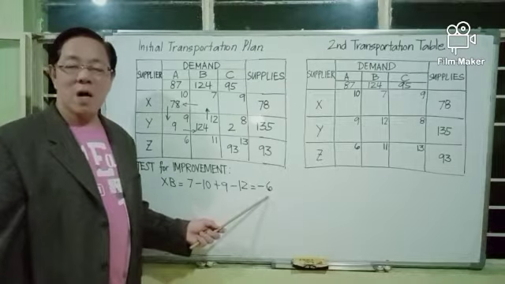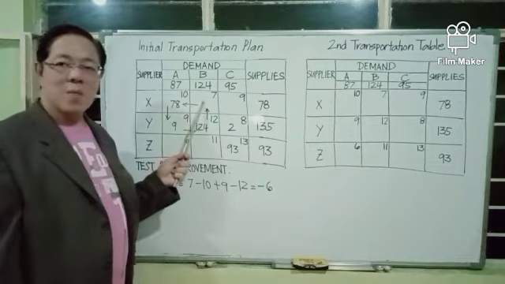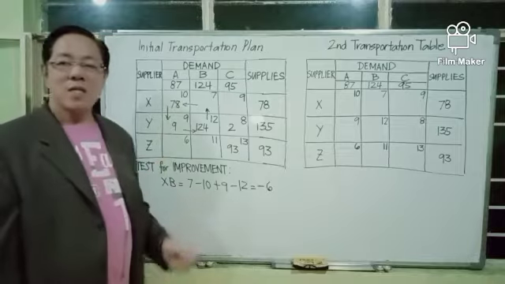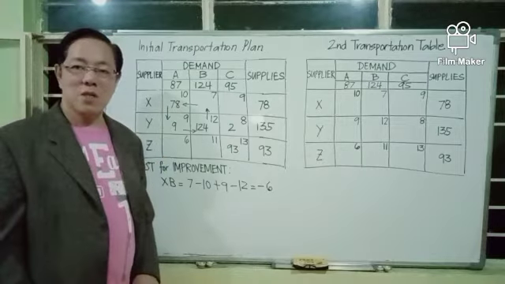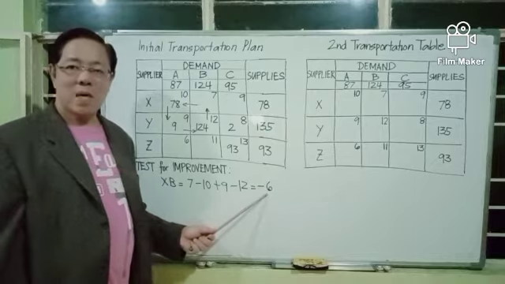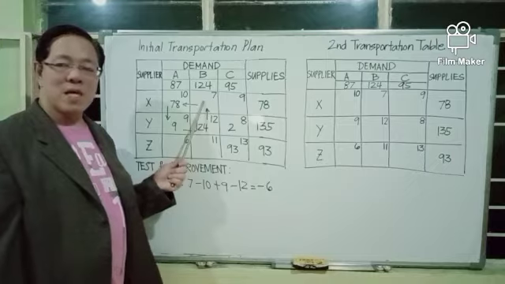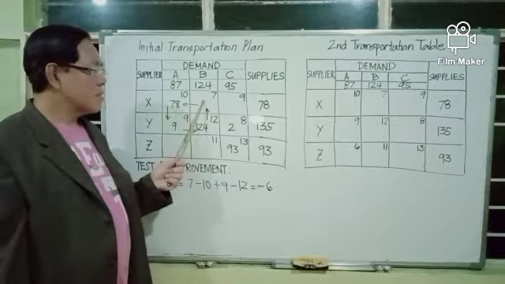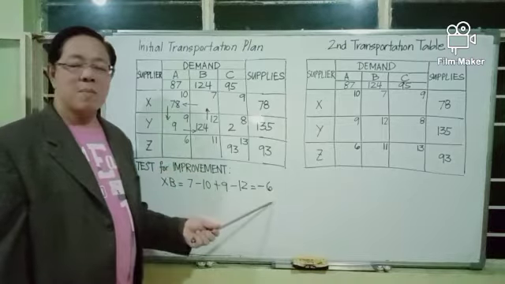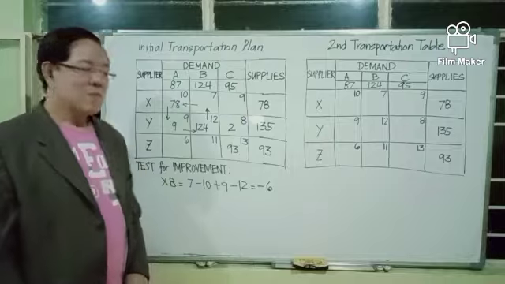And the meaning of negative 6 is that if you transfer some units in this vacant cell XB, the total transportation cost will decrease by 6 pesos per unit. If you transfer 2 units in this vacant cell, the transportation cost will decrease by 2 multiplied by 6 equals 12 pesos.